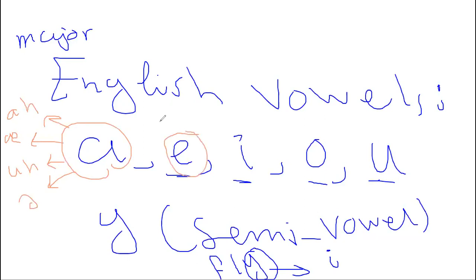And E has two sounds: the long E sound, as in fear, or the short E sound, as in get. And so on with all other vowels. So every vowel can be pronounced many ways, not only one sound, but many. Tell her that. Every vowel can be pronounced in different ways, not just one sound but several. Okay. Very well.